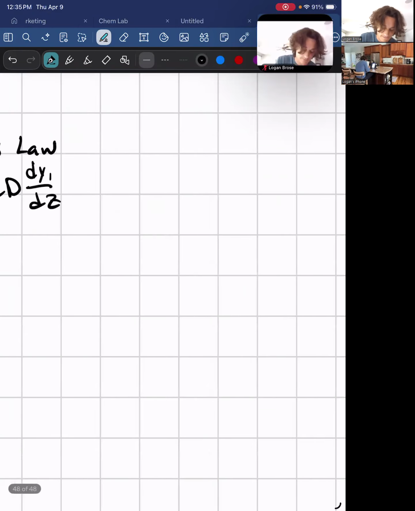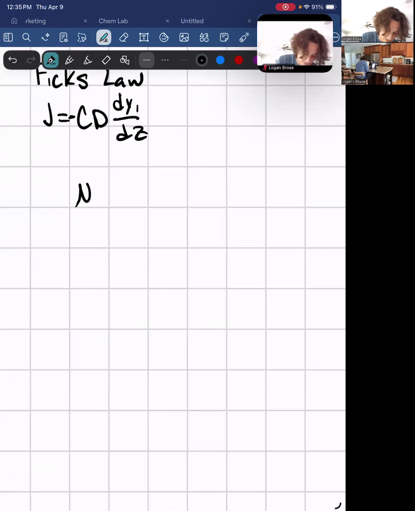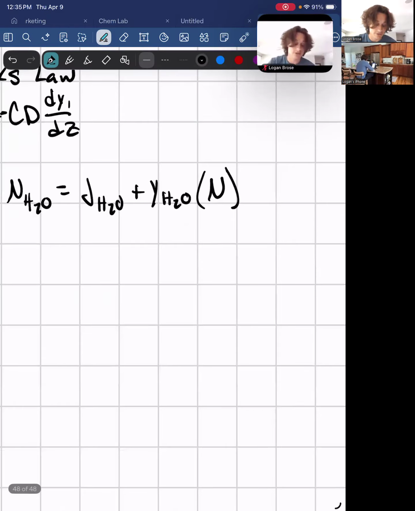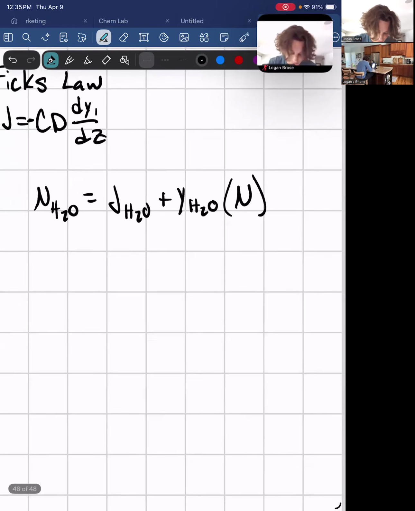Then we have our flux, so NH2O equals our JH2O plus YH2O times our total N, right? So these are just the equations that we talked about a little bit ago.